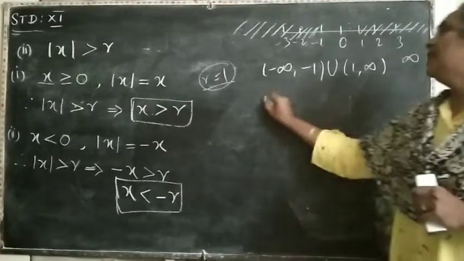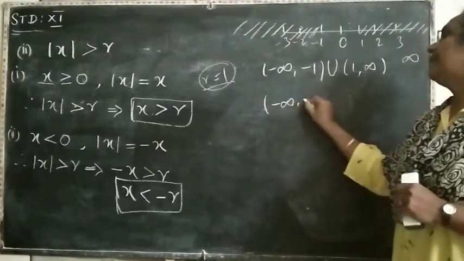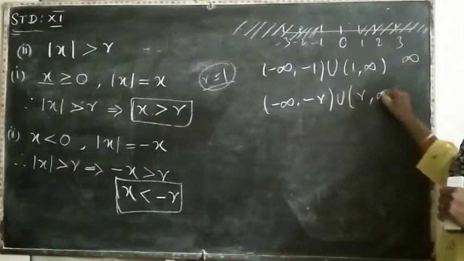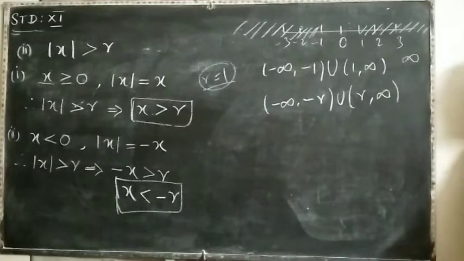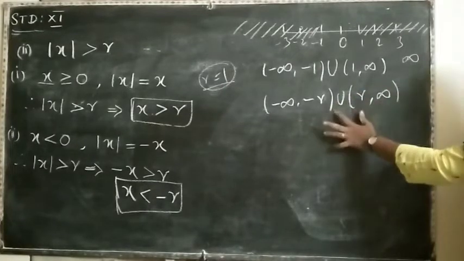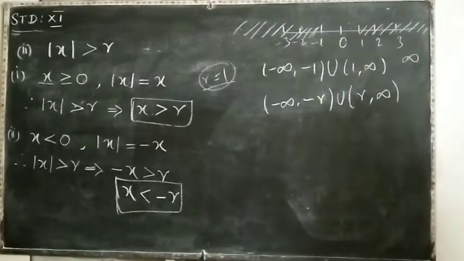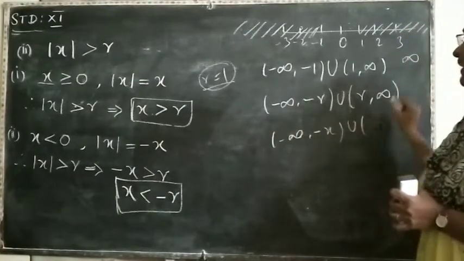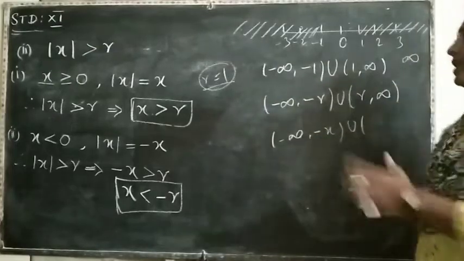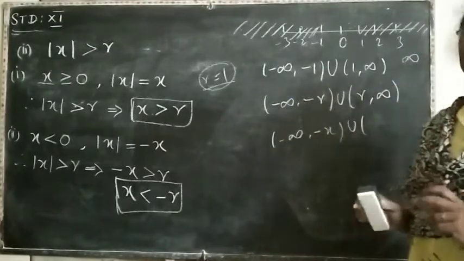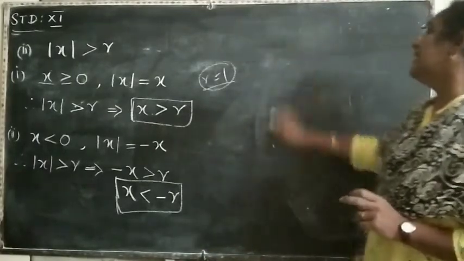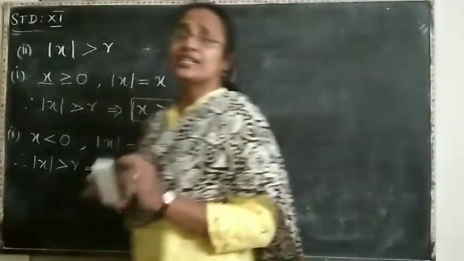In general, I will get the value as minus infinity comma minus r union r comma infinity. இந்த ப்ராப்பர்ட்டிக்கு, இப்போ என்ன கான்ஸ்டன்ட் அஸ்யூம் பண்ணோமோ அதோட வேல்யூவை தான் எழுதணும், யூனியன்னு எழுதணும். So this is very very important property. It has to be learned and understood properly.